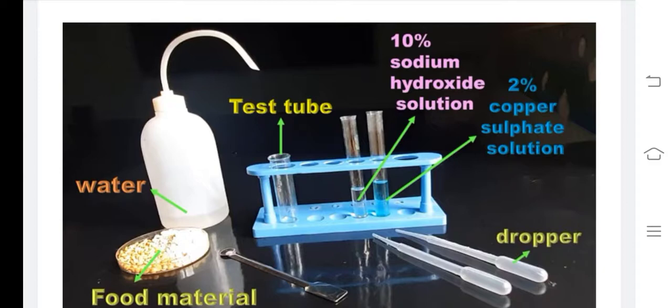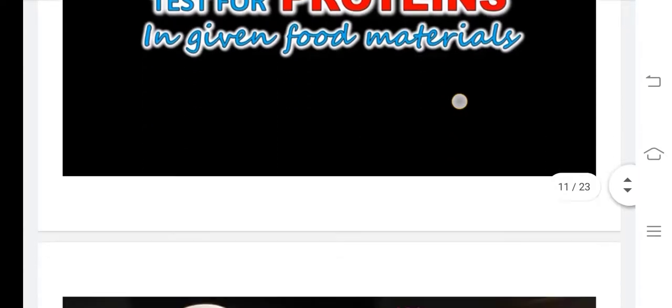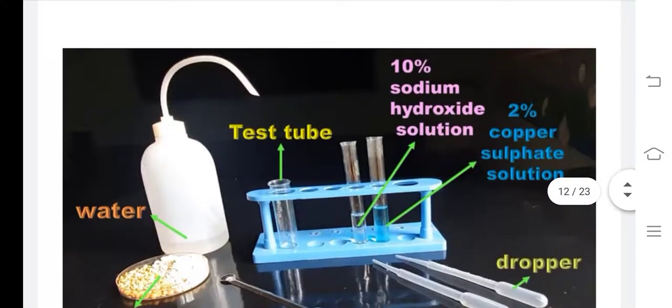Now, these are the materials required to test the proteins. I hope you understand, children. What is the agenda, children? See, the aim of the experiment is to test for proteins in given materials or food materials. So, what are the materials required for this experiment?